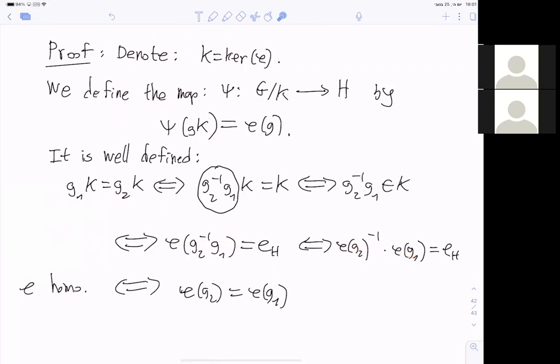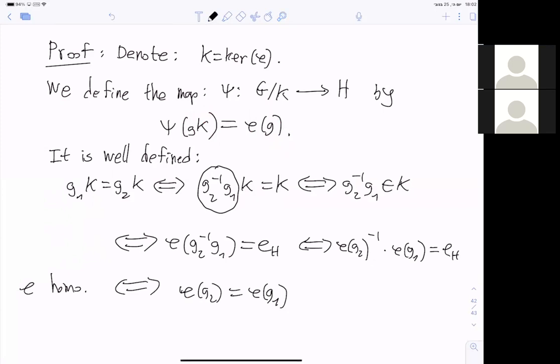And now this means that phi of g2 is equal to phi of g1. So it is well defined. I mean, it doesn't depend on the choice of the representative. You can take any representative, it will be the same image. So all the class goes together to the same target.